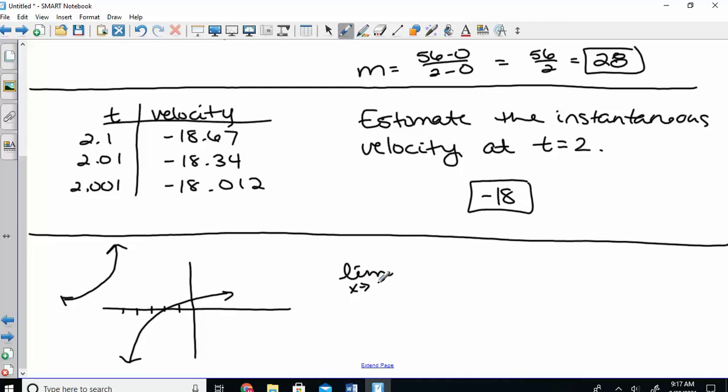I want you to find the limit as x approaches -5 from the right of this function.